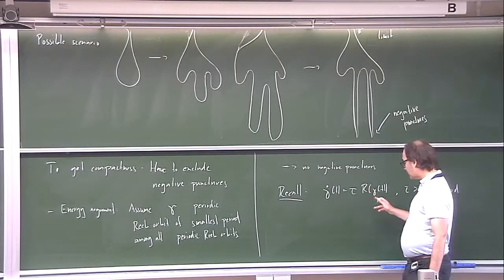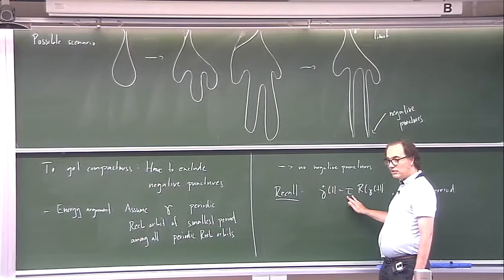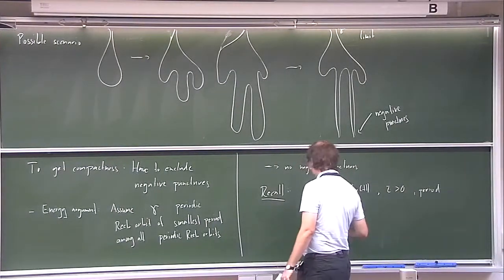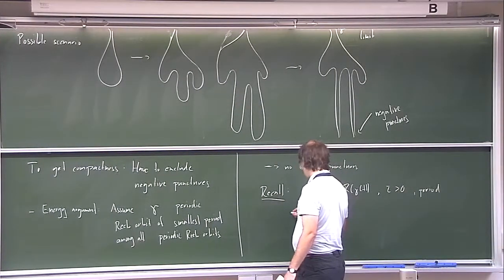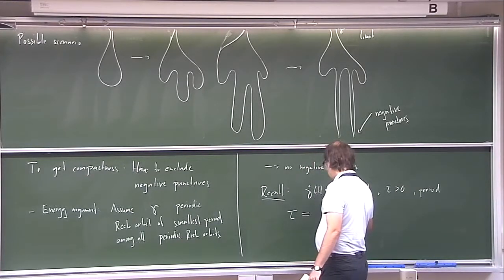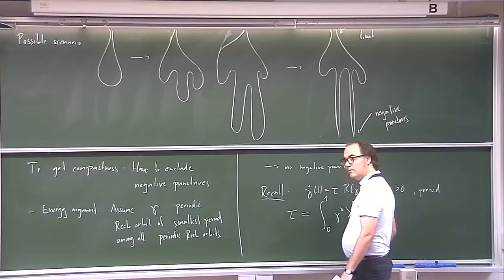You can also interpret this period as the action, because it's a Reeb flow. Tau you can also get as the integral from 0 to 1 of gamma star lambda.